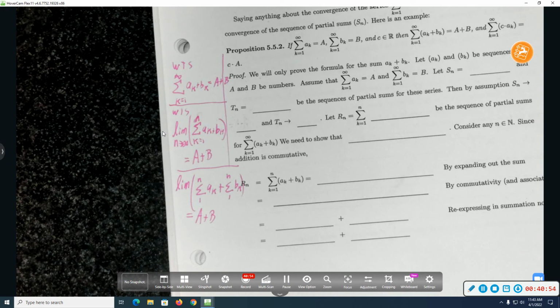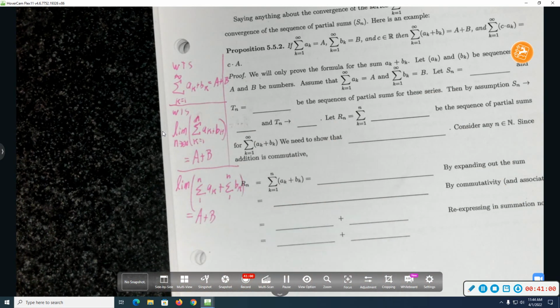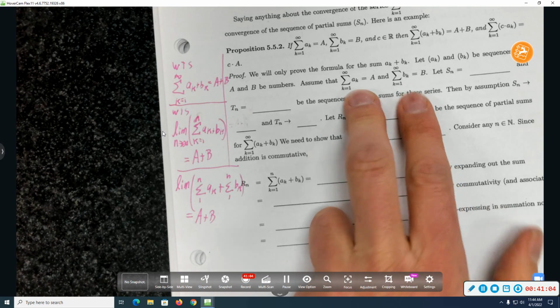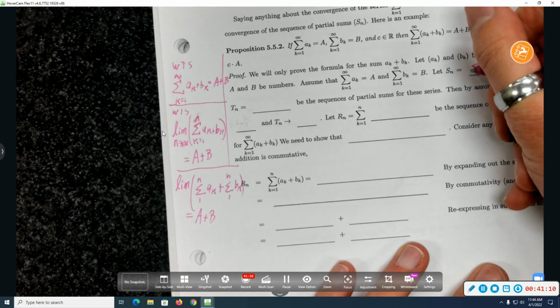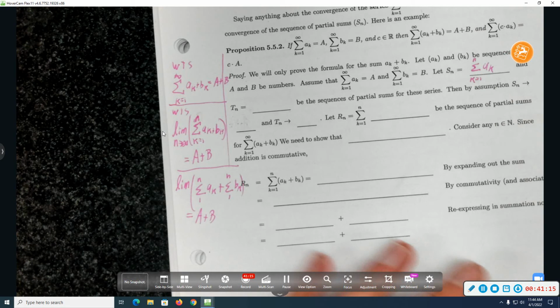Alright, so let's take some sequences of partial sums. Let Sn and Tn be the sequences of partial sums for these series. So I guess that means Sn should be the sum from k equals 1 to n of ak.